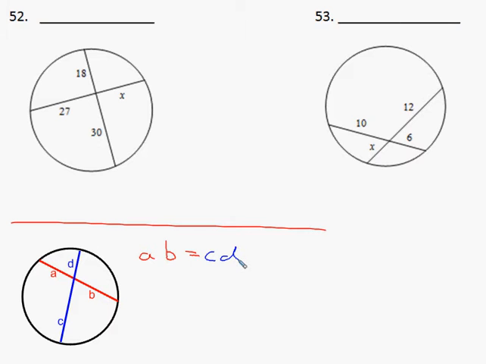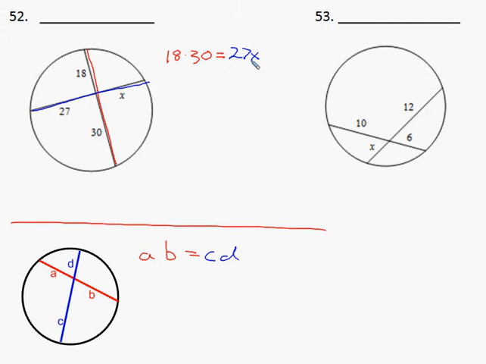And so here we could think, okay, here's my red chord and here's the blue chord. So for the red, we're going to have 18 times 30. And that's going to be equal to the product of the parts of the blue chord, so 27 times x.